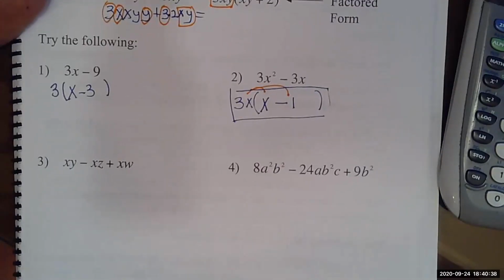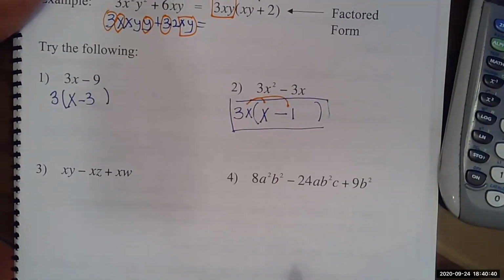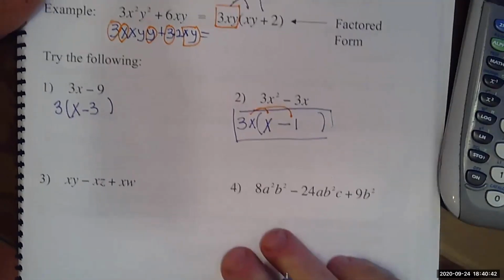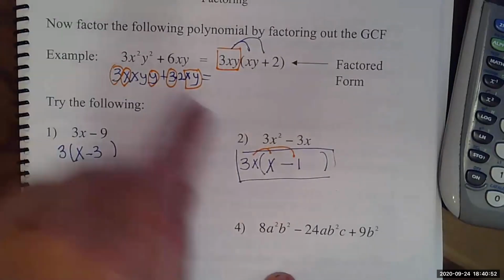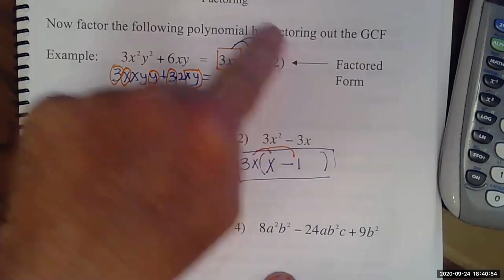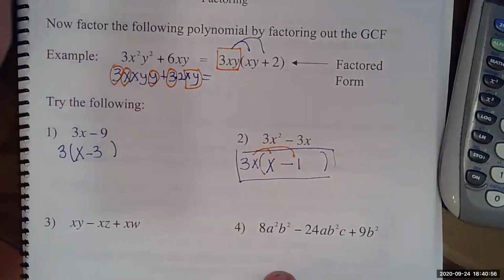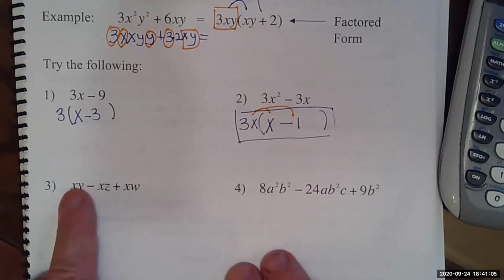Can I just ask a clarification question? Yeah, Brooke. When we're looking for the greatest common factor, I'm a little confused on the example side, because it looks like you're getting the greatest common factor of both terms. That's totally correct, what you're doing. You're looking at what's common to both, or like here, here's 3 terms, 1, 2, 3.